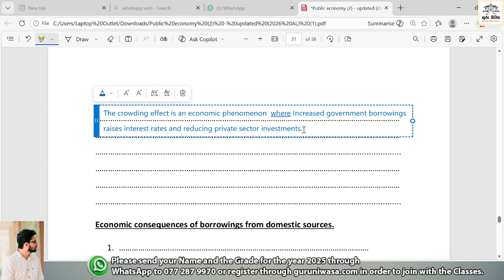They lack funds because the government borrows more from financial sources. Increased government borrowings raise interest rates and reduce private sector investment. All of that is the crowding out effect.